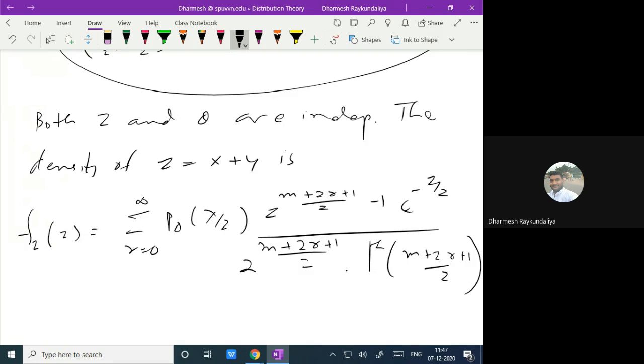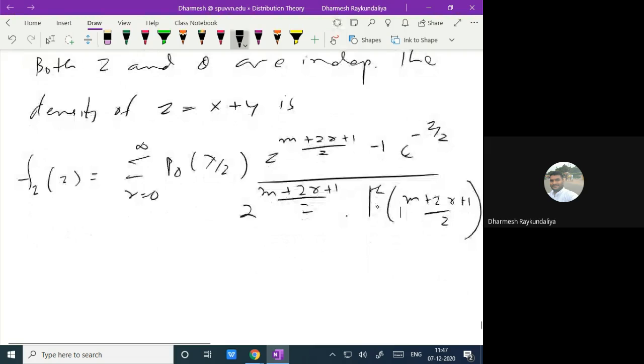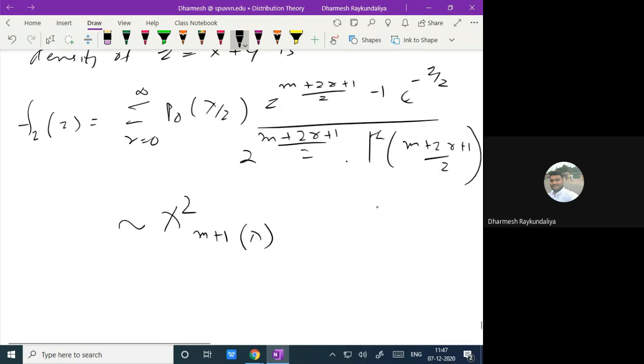And this is nothing but, if you write it, m plus 1 plus 2r by 2, e raised to minus z by 2, then it is nothing but the density of chi square with m plus 1 degrees of freedom and non-centrality parameter lambda. Hence the proof.